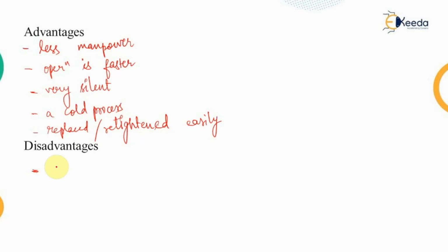If it is not a permanent connection, that means it will have lesser strength in axial tension. Okay, so keep this in mind, that only the strength will be reduced in the case of axial tension.